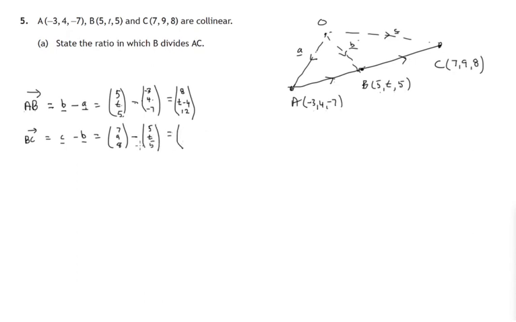So the components that we're after, 7 minus 5 for the x component, 9 minus t, and 8 minus 5, which is 3.